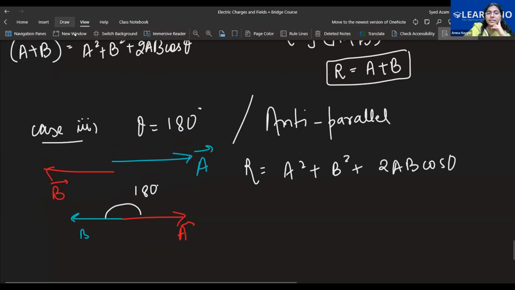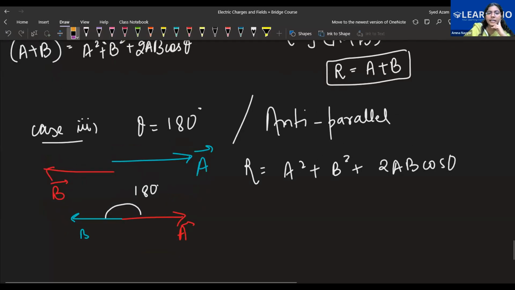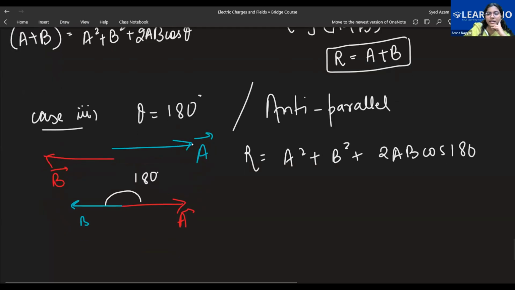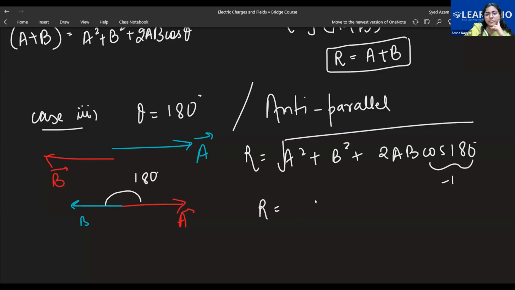As was said, the value of cos 180 degree is -1. So now this becomes a square plus b square minus 2ab under root.